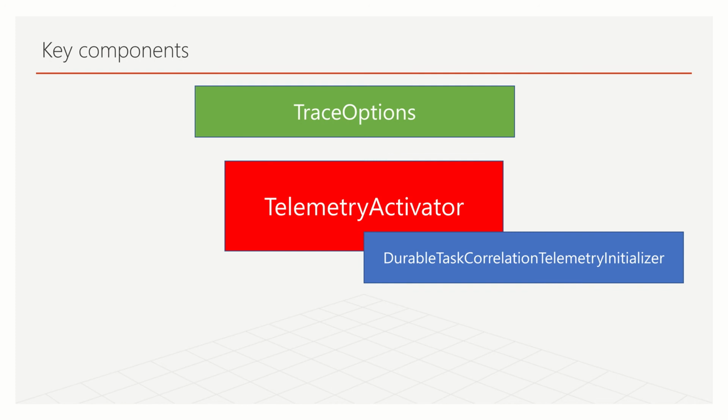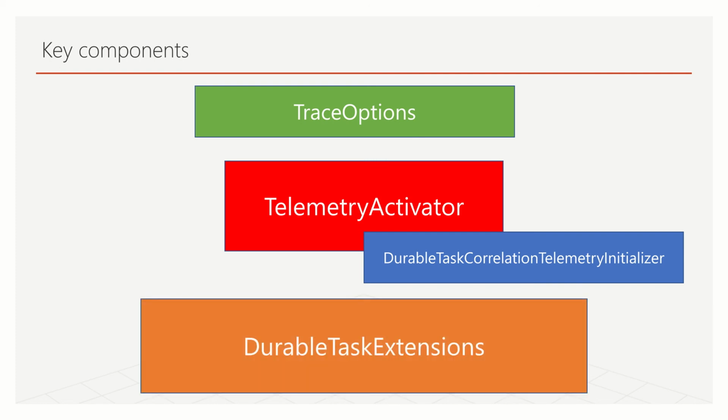All the telemetry going to Application Insights comes to this class, and you can modify it or remove it if you like. So these two are very important. And the other one is the durable task extension, which is the main part of the durable functions.